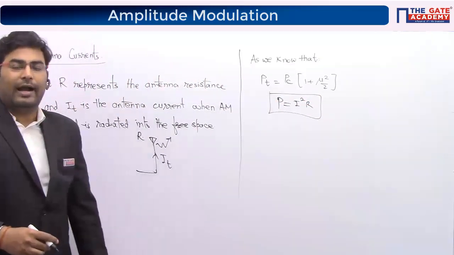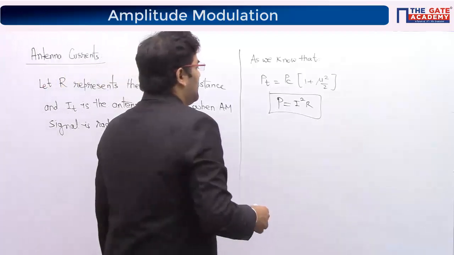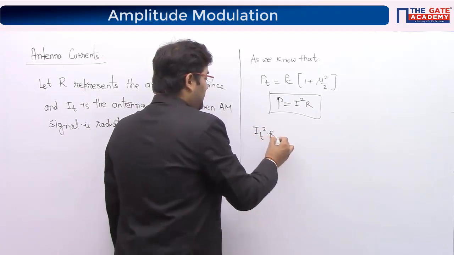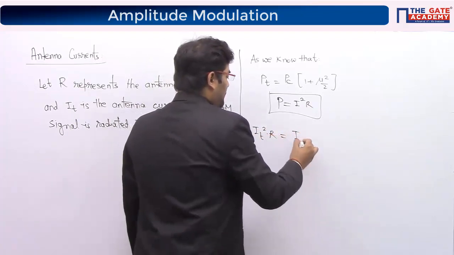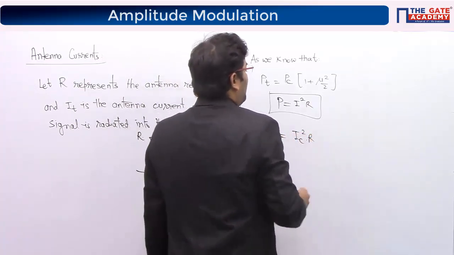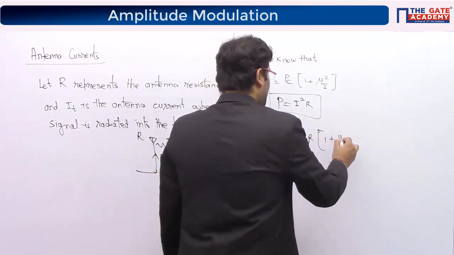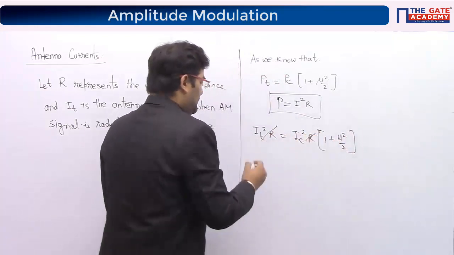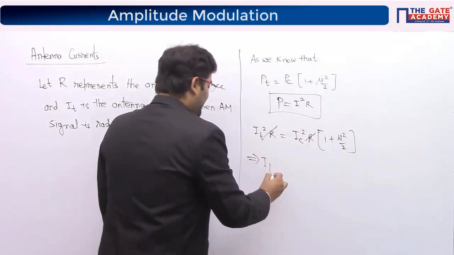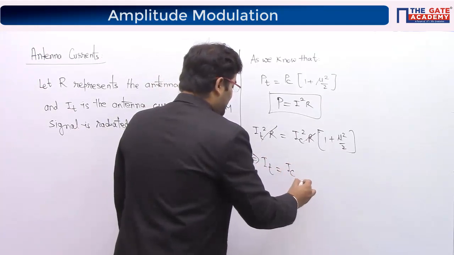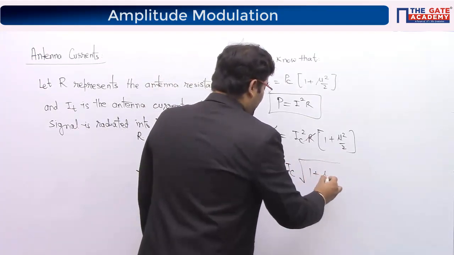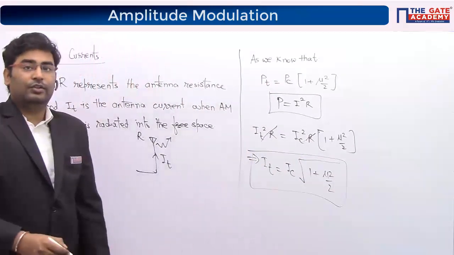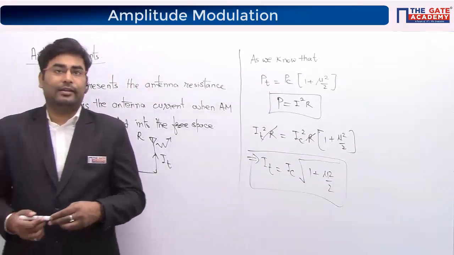P equal to I square into R. So if you do so, you can also write IT square into R equal to Ic square into R [1 plus mu square by 2]. R cancels. So you will get IT equal to Ic root under [1 plus mu square by 2]. Done. So this is the formula of antenna current.